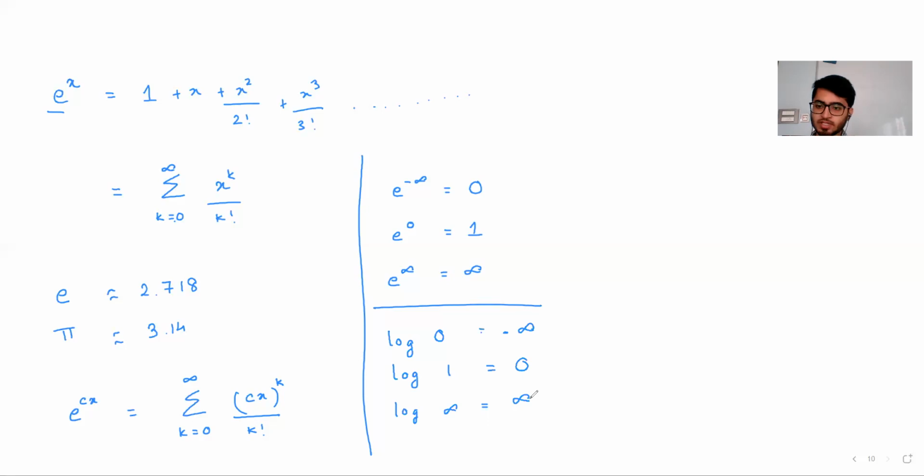Remember that exponential and logarithm are kind of opposite operations. Just like we have plus, minus, multiplication, division, similarly we have exponential and logarithm. So if you observe carefully, 0, 1, infinity, the powers are minus infinite, 0, infinite. So again, these are just basic properties which we would be using.